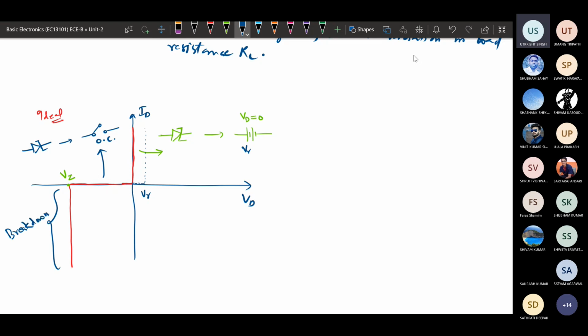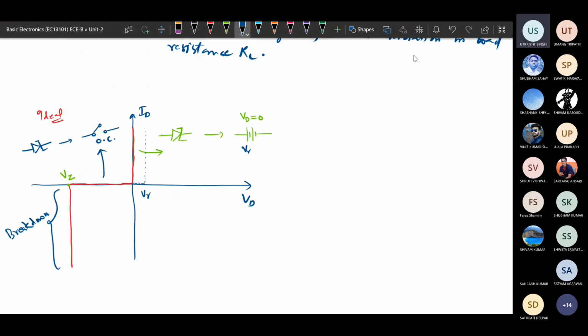In this breakdown region, whenever we apply a diode voltage greater than the Vz value, this diode will go into the breakdown region. Once it enters the breakdown region, it will be represented by a constant voltage source equivalent to the Vz value, that is the breakdown voltage.